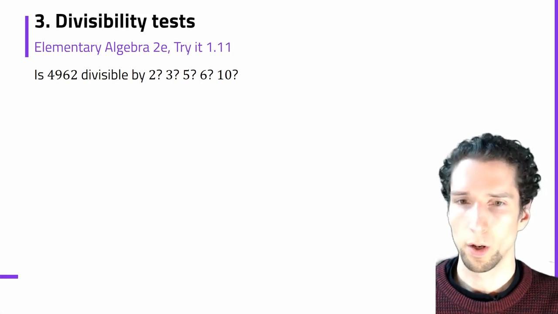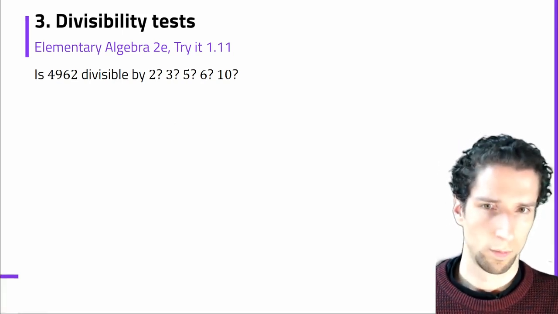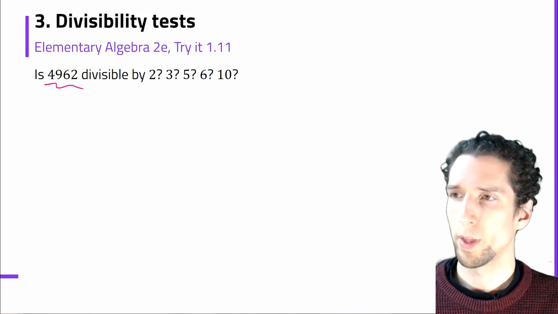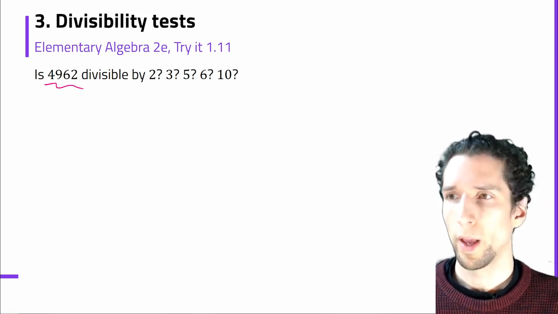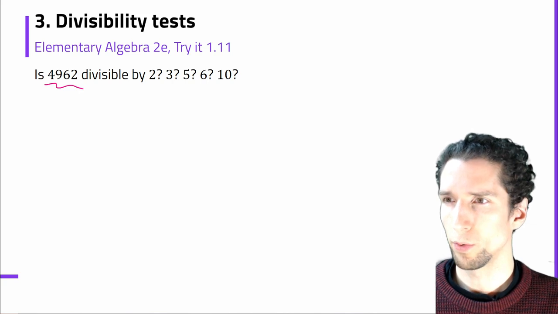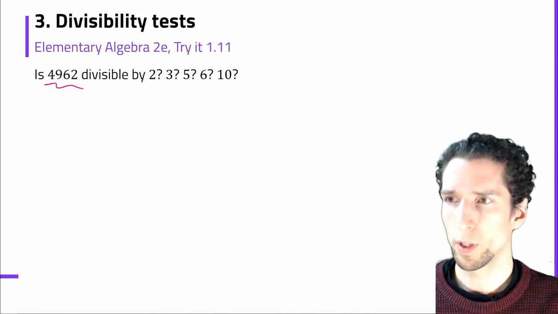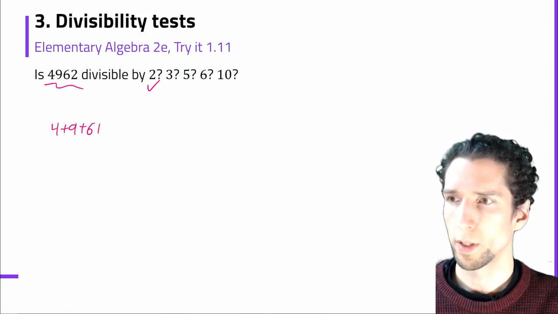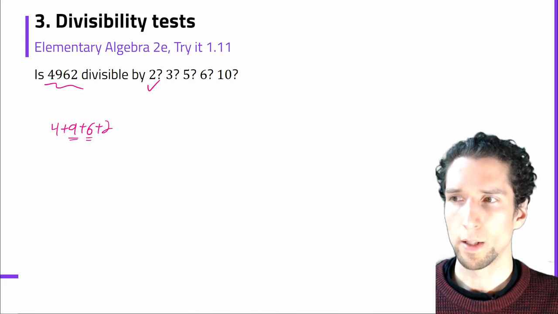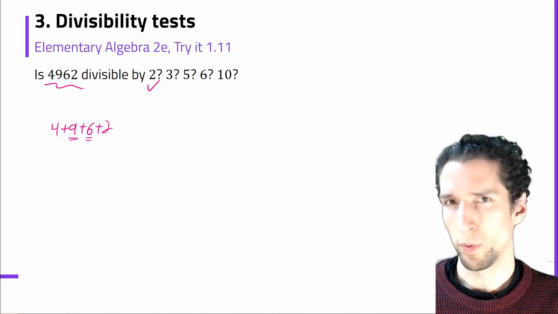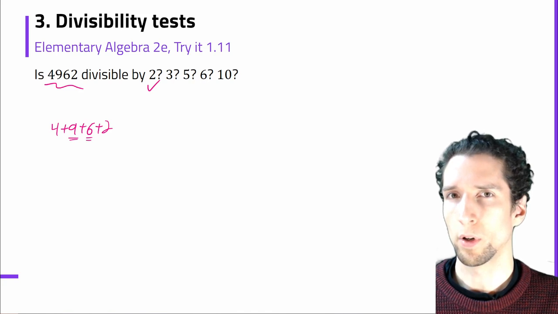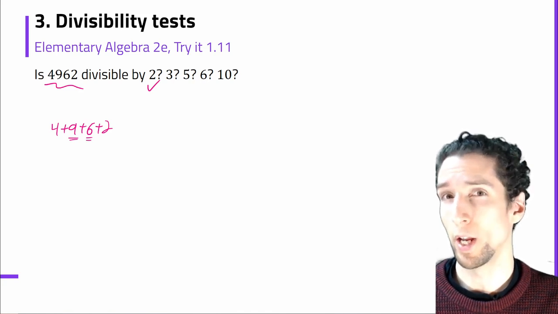Let's take this number here, so pen tool, 4,962, and we say, is this divisible by 2? Okay, the last digit's a 2, so by 2, yes. By 3, 4 plus 9 plus 6 plus 2. The digits 9 and 6 are already divisible by 3, so adding those isn't going to change the result.